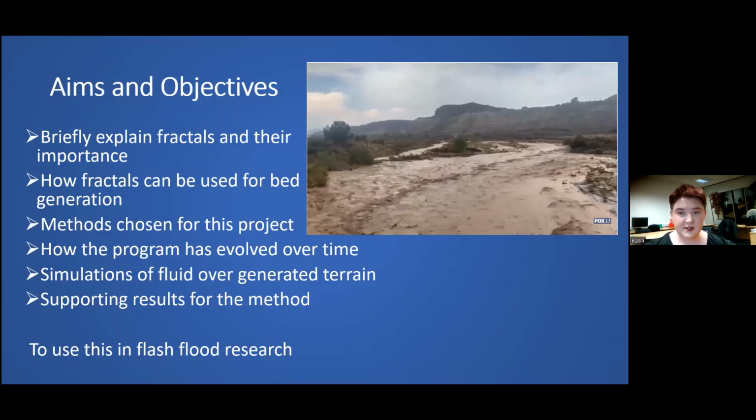I intend to use this method in the creation of an overall method to model flash flooding. I'm hoping to call this the Lattice-Boltzmann method for flash flooding, which is the ideal outcome of my PhD, which will be to create a new method of modeling flash flooding more accurate than what currently exists.